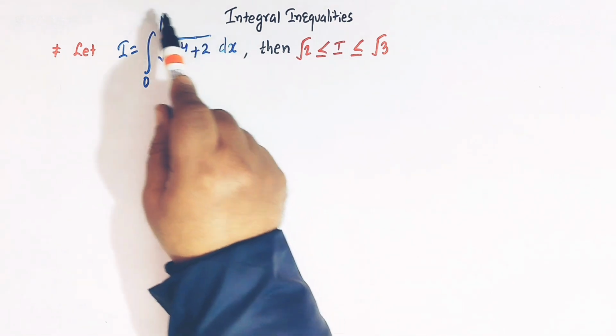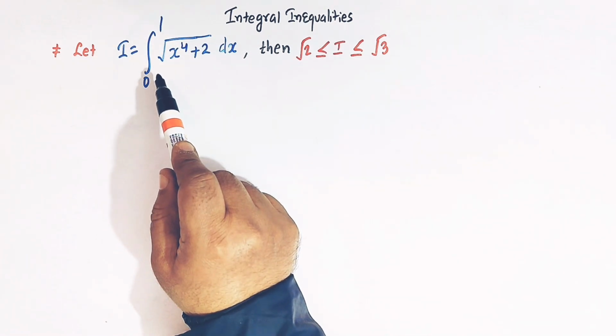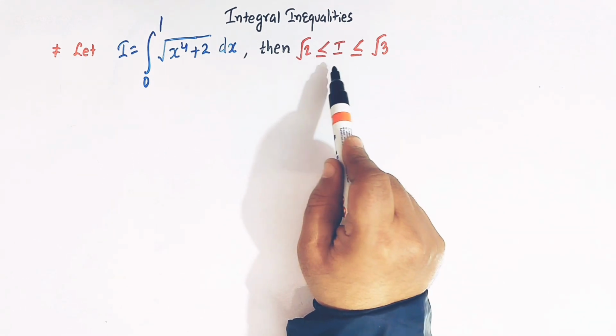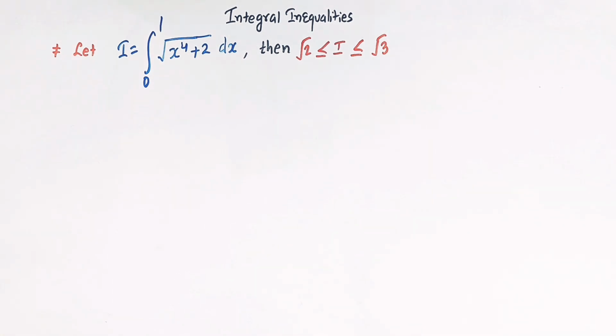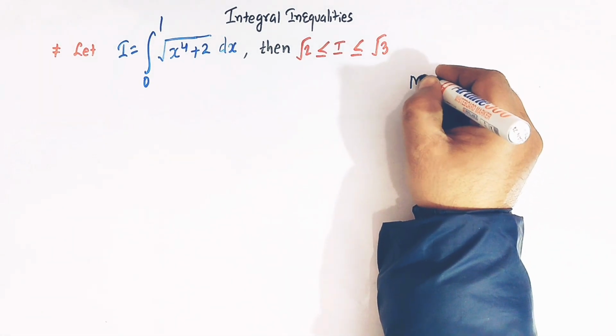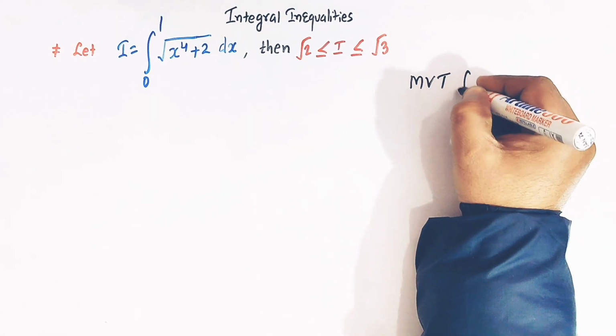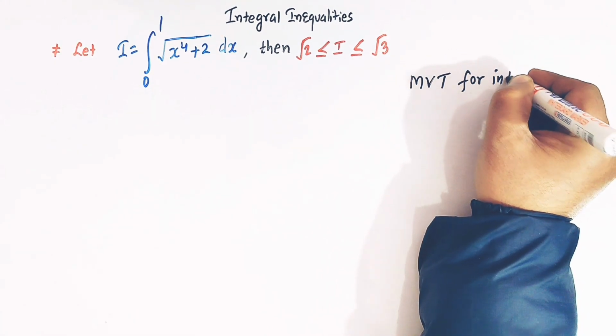And here we are not going to evaluate this integral. So we'll prove this inequality with the help of an important result from integrals, that is known as the mean value theorem for integrals, right?